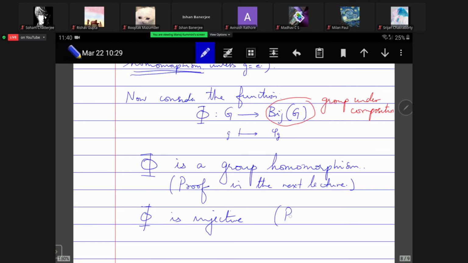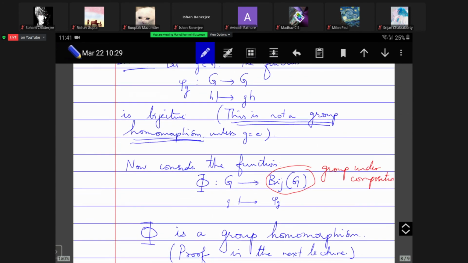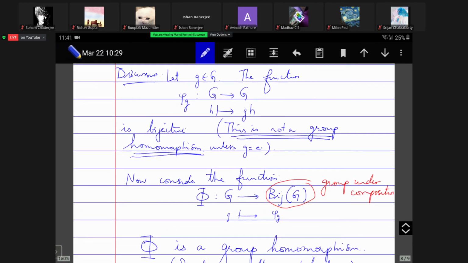Again, proof in the next lecture. So this function phi, in which a group element gives the bijective function given by multiplication by that group element. This may be the first time you are seeing this sort of definition: you start by defining a function, then you get a collection of functions, and now you want to think of a function like this.